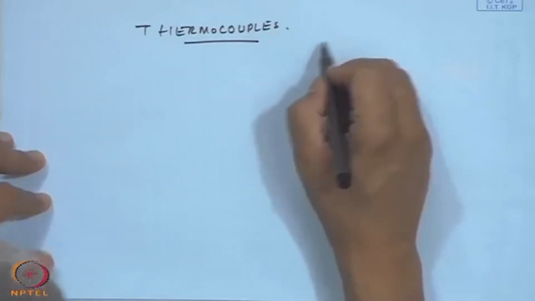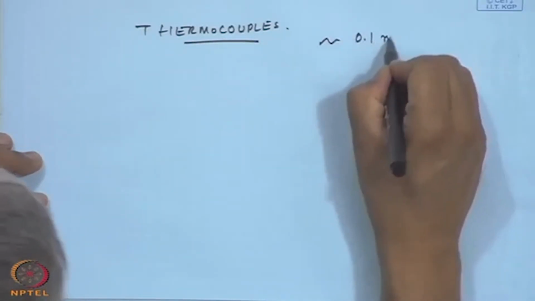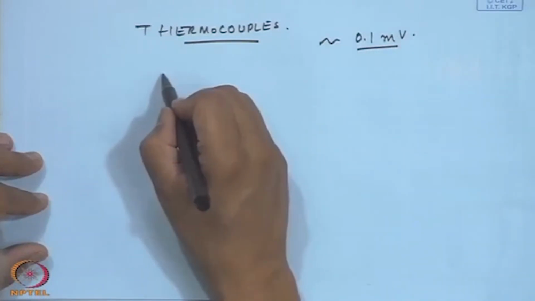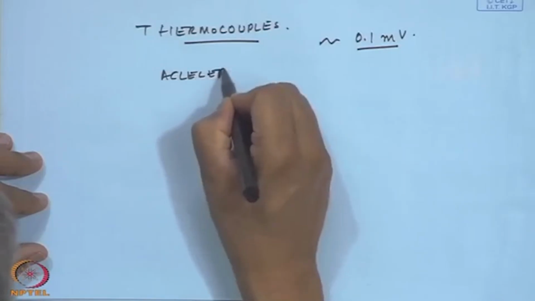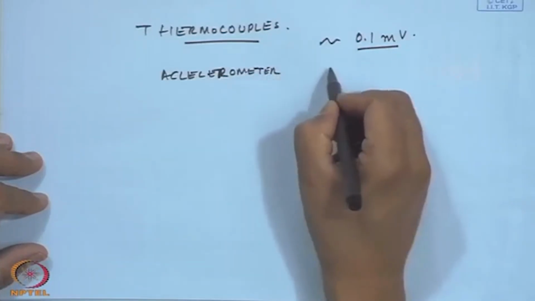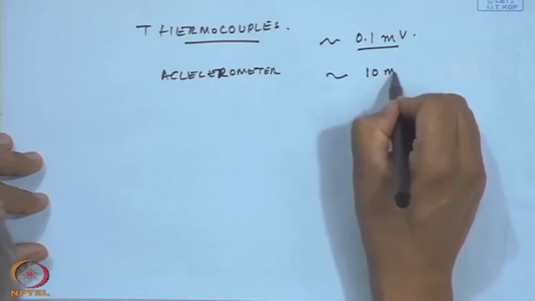As you know, thermocouples give a very low millivolt signal, as opposed to maybe an accelerometer, maybe 10 millivolt.